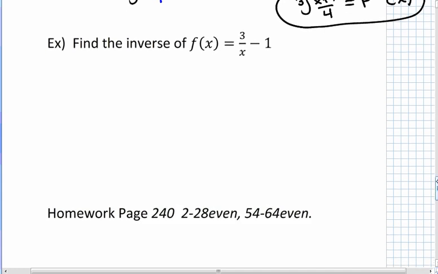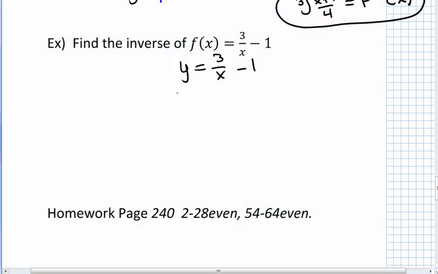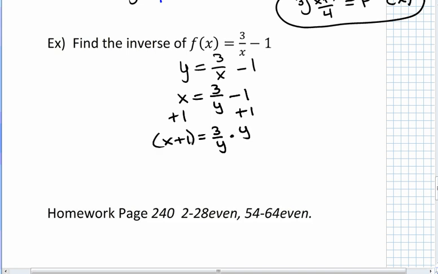So let's do another one. So here we replace the f of x with y. So we get y equals 3 over x minus 1. Then we switch the x's and y's. Then we solve for y. So we have to add 1. So I get x plus 1 equals 3 over y. Then I'm going to get the y off the bottom of the fraction, I'll multiply both sides by y.